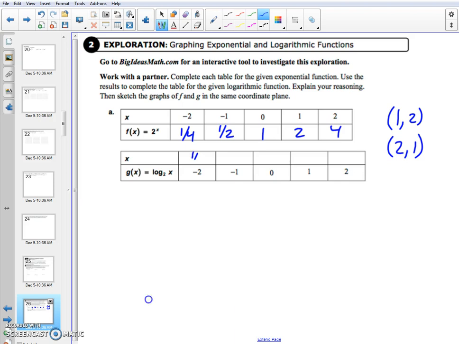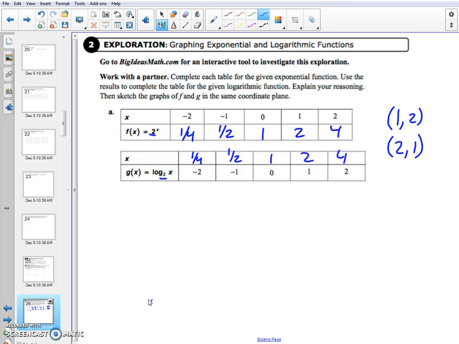And from there, the points flip-flop. So if 2 to the x had the point (-2, 1/4), log base 2 of x, notice these 2's match, so that makes them inverse functions, has the flip-flop point. My x and my y have flipped. And that's true for all of them. So when we graph these by hand, we're going to first make the table for the exponential and then flip-flop the points to get the table for the log.